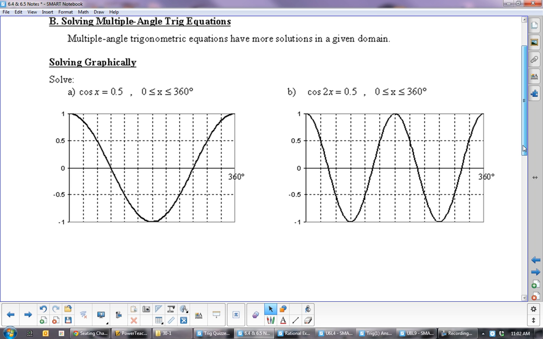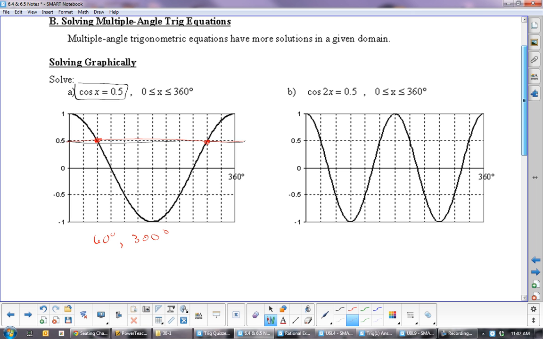No? Okay. So when cos x equals 0.5, well, that's here and here. And in this case, it would be at 60 degrees and 300 degrees.